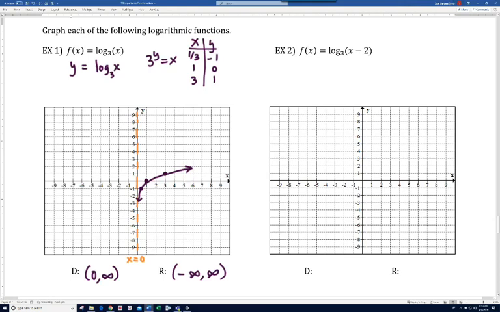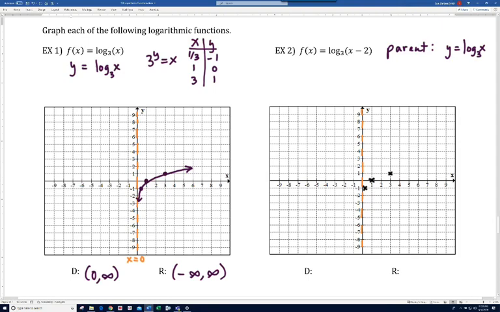All right, so I would encourage you to try number 2. In fact, I'll get you started on that one. So the parent function is the log base 3 of x, which is the graph we just drew. So I would start like that. So basically you just have to figure out how to transform this graph to the new one.